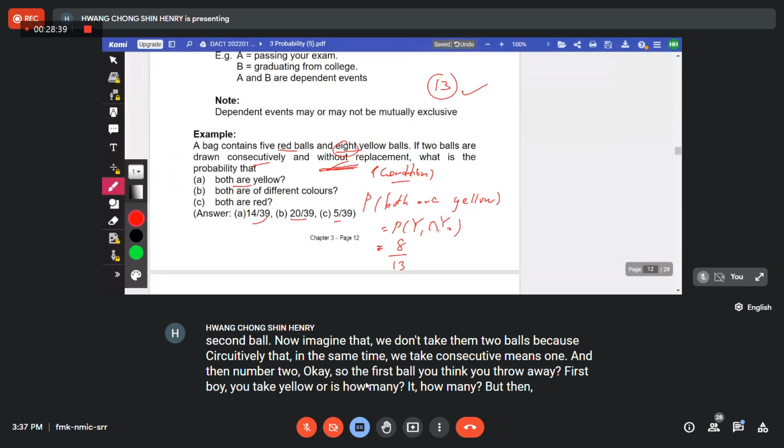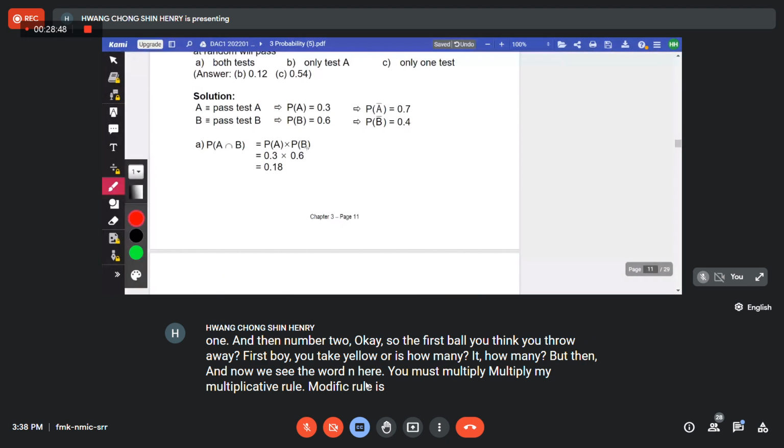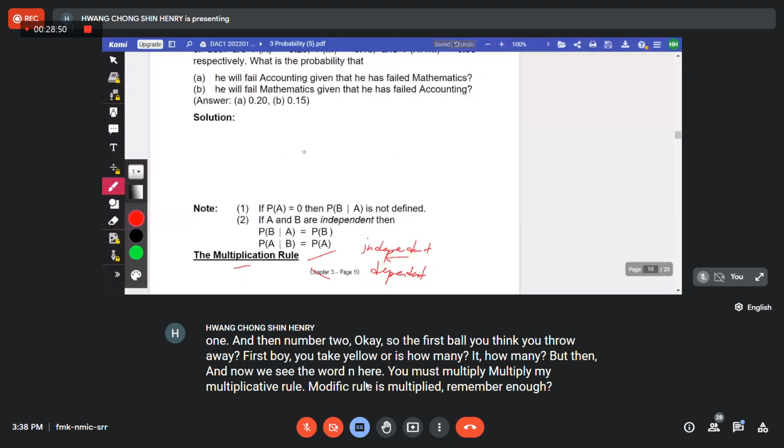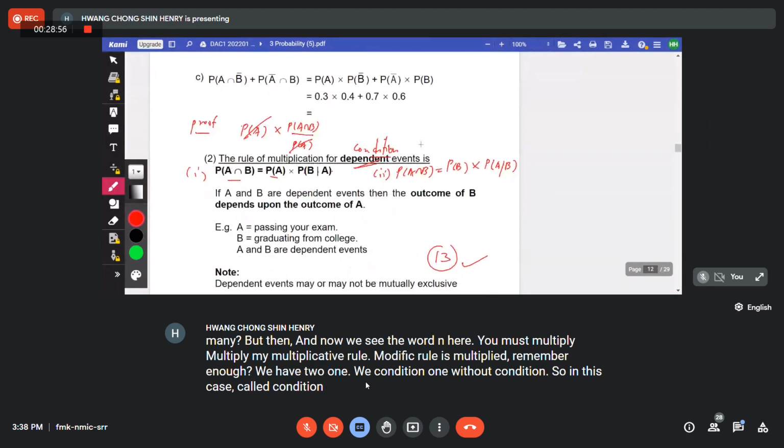And now we see the word and here, you must multiply. The multiplicative rule is multiply, remember or not? We have two, one with condition, one without condition. So in this case, there is condition.